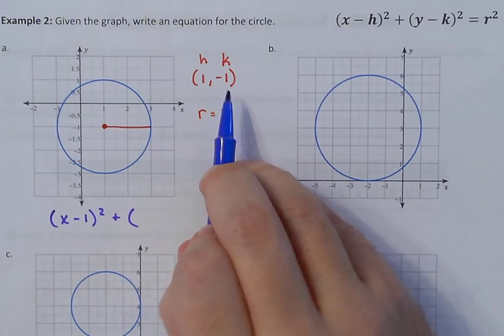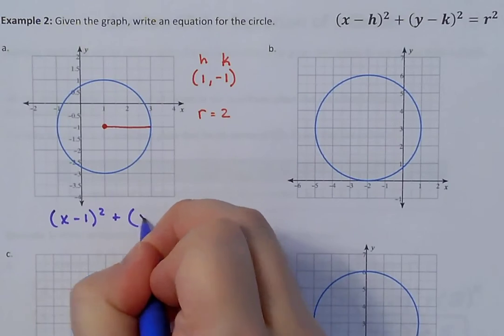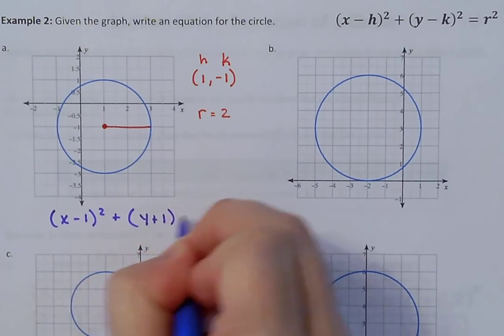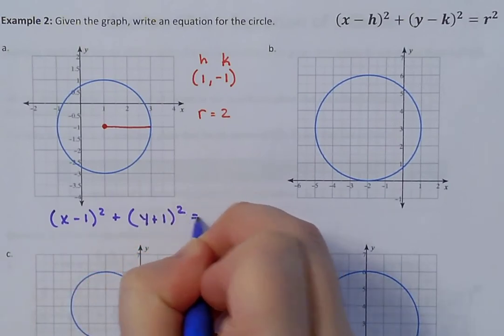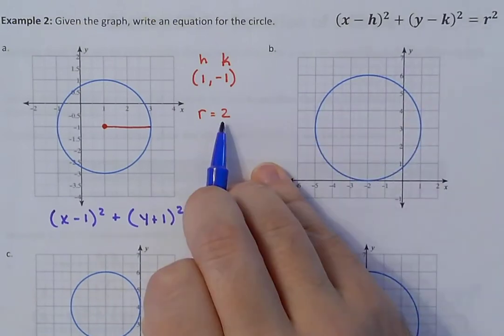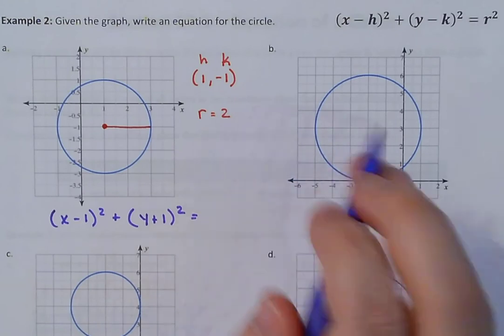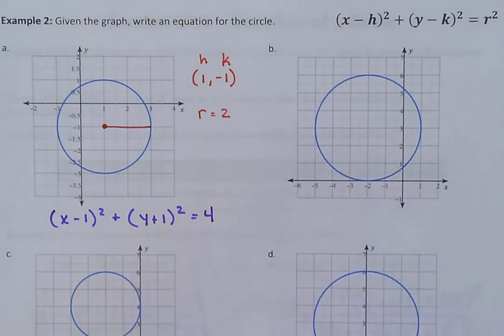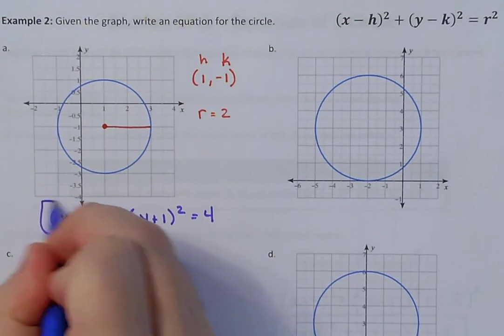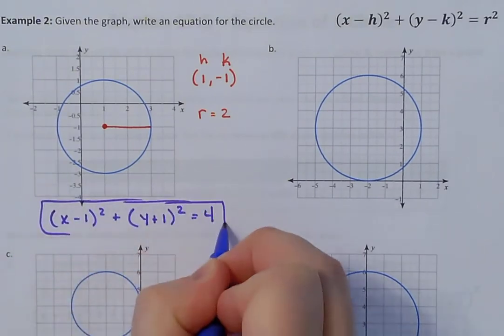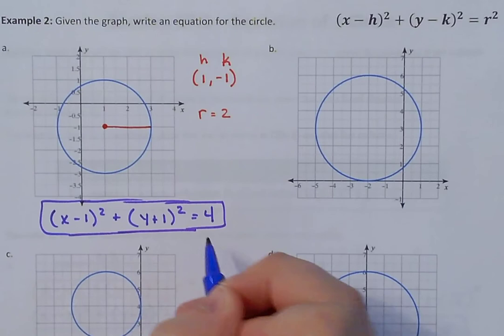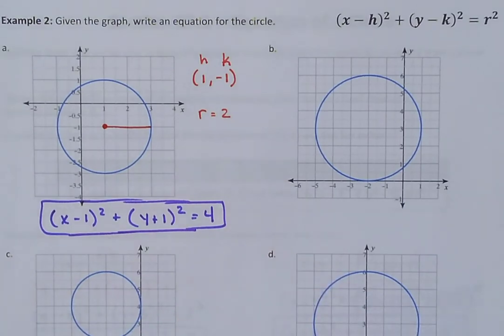Minus a negative becomes plus, so it becomes (y + 1) squared equals r squared, and 2 to the power of 2 is going to give us 4. And that is the equation of the circle for example 2, part A.